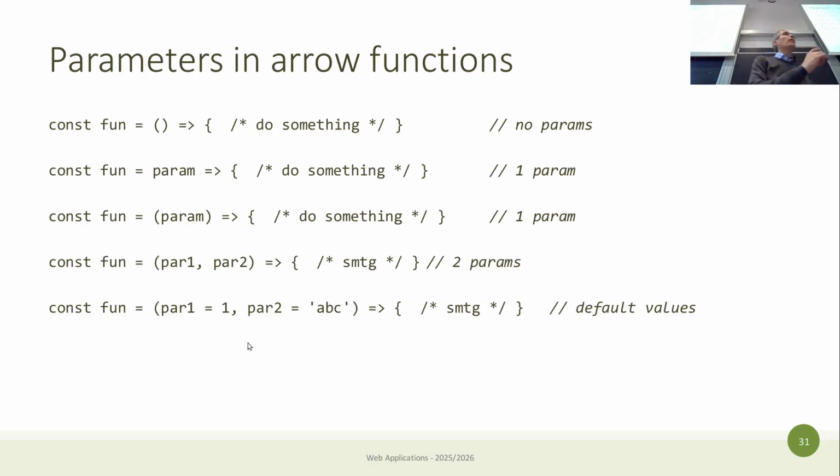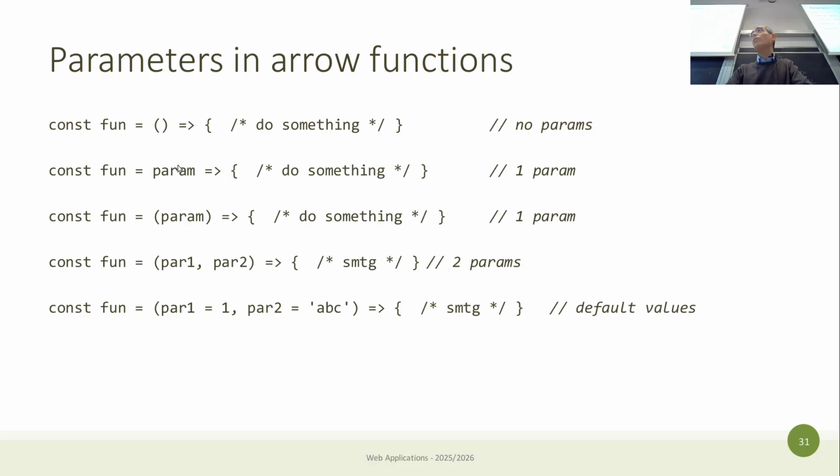Arrow functions are even more flexible. And I told you, JavaScript likes to be very concise, to write the least possible amount of code sometimes. So you can define functions in very cryptic ways, like without using the brackets, if you just have one single parameter.